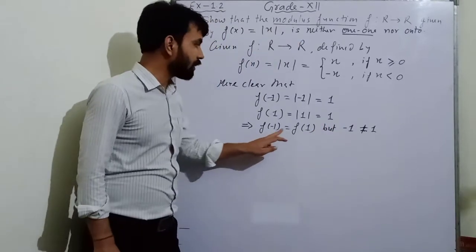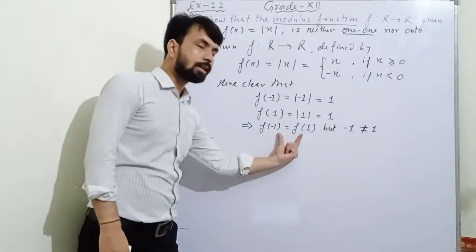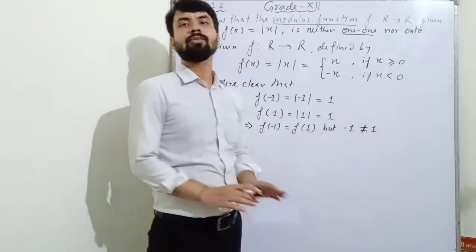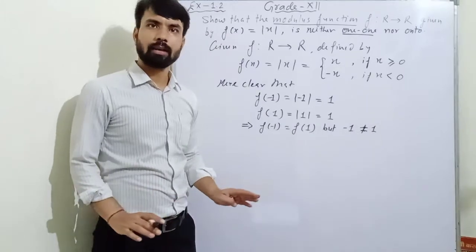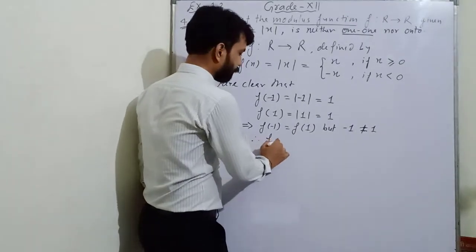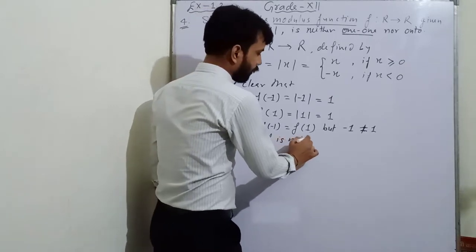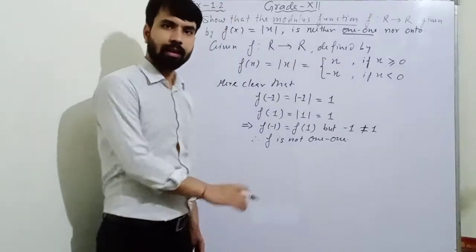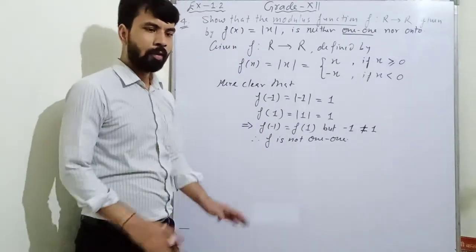So here f(-1) equals f(1) means the images are equal but the elements are not equal. Hence this function is not one-one. Understood? So you have to write: hence f is not one-one. Clear? Understood? Okay.